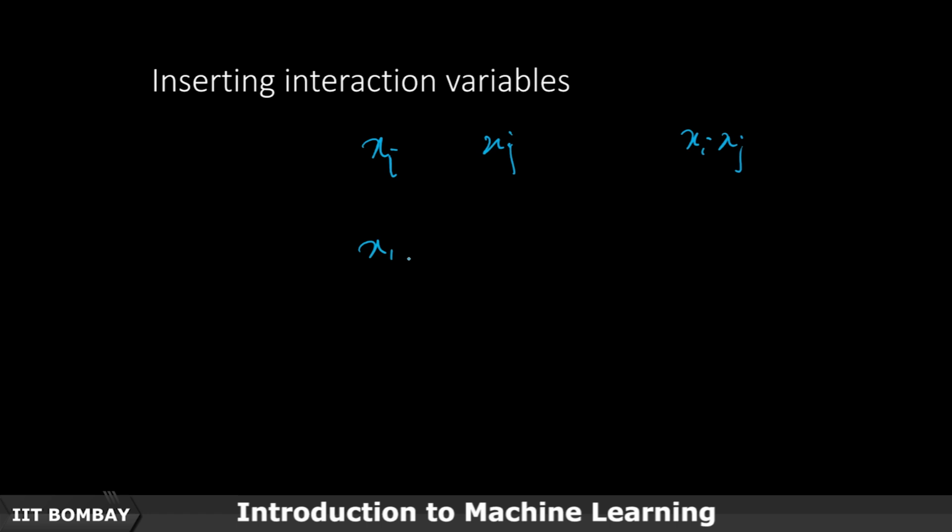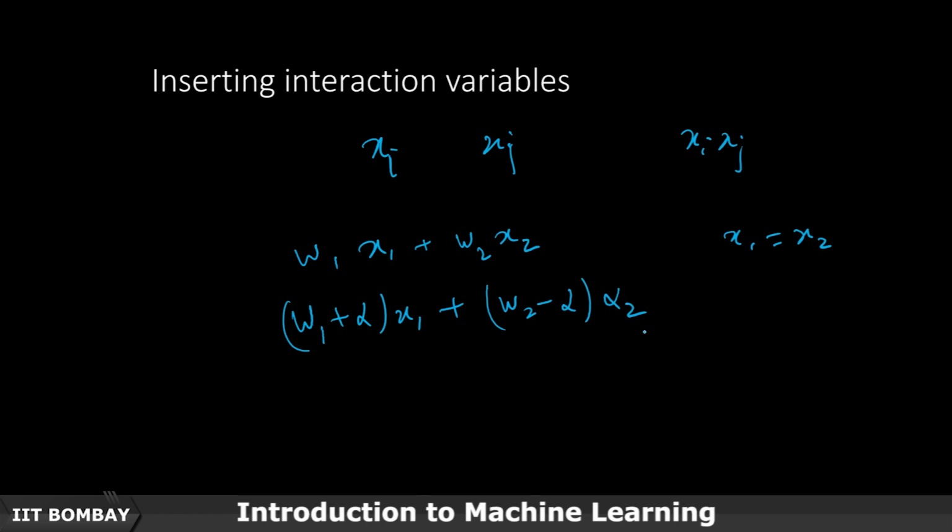Let's say x1 and x2 are completely correlated, and x1 has weight w1 and x2 has weight w2. So let's say x1 is equal to x2. So this model is exactly the same as one with w1 plus alpha, and here w2 could be any weight minus alpha. So these two models are exactly the same, so there is an ambiguity between these two models.